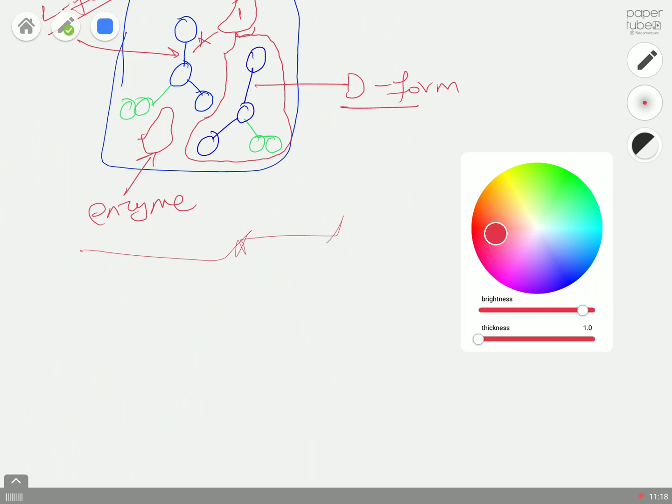So if that's the case, then your enzyme can screen this type of material, let me change the color. Your enzymes can effectively screen this material from this reactant. So that's the hypothesis.